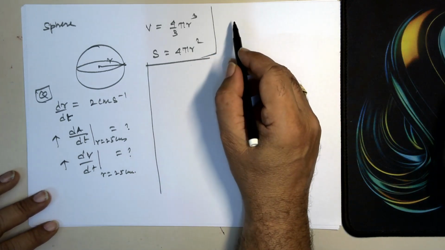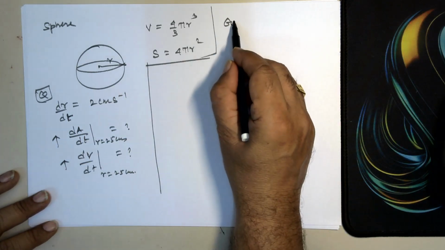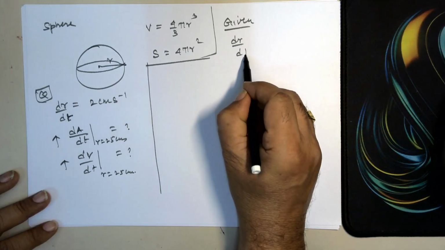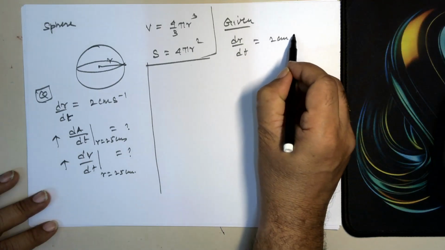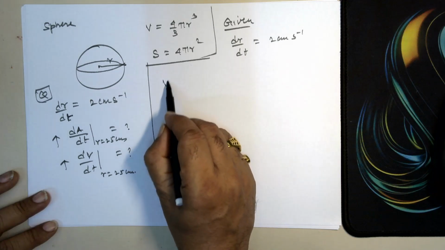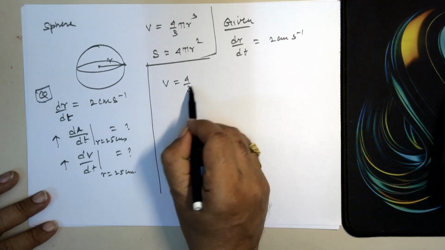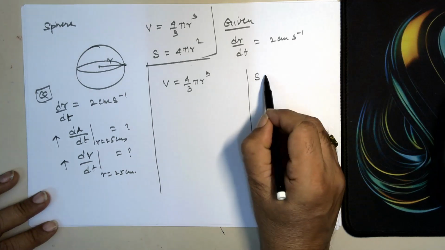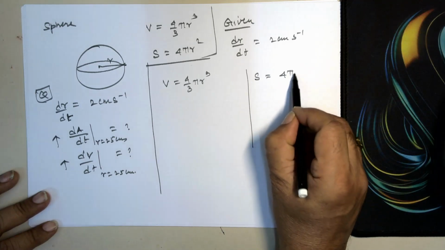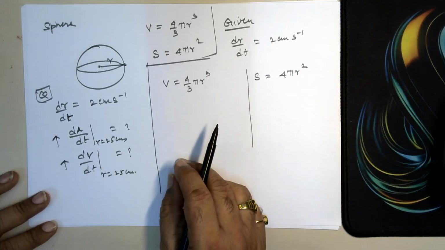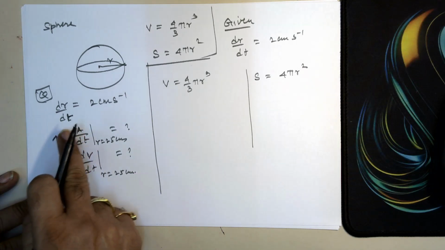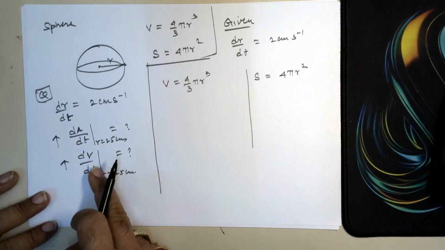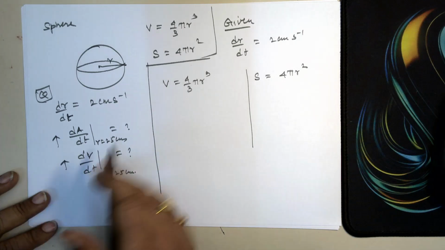Here it is given that dr by dt is 2 centimeter per second. Now what is V? 4 by 3 pi r cube. What is surface area? 4 pi r squared. Now we want to find out the change of volume and change of area with respect to time.